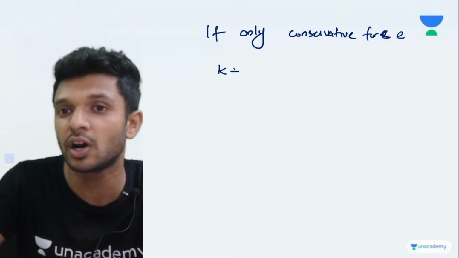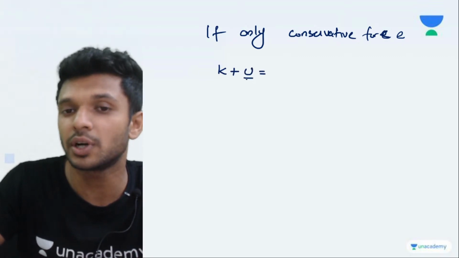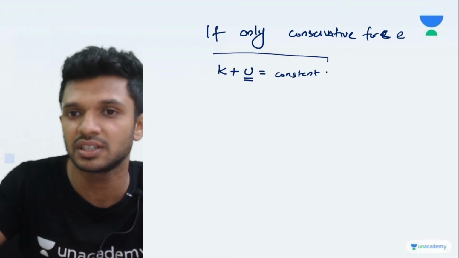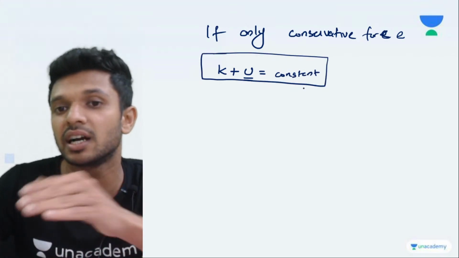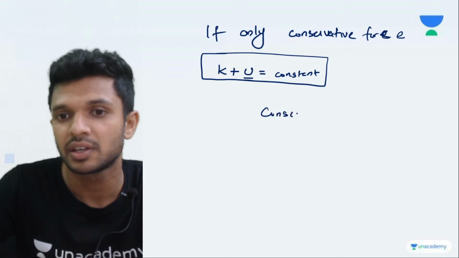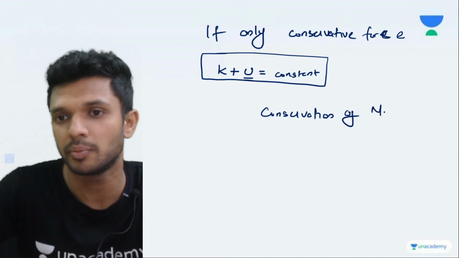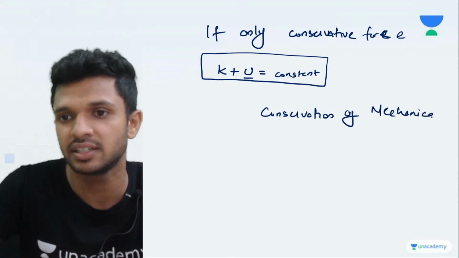The summation of kinetic plus potential energy will be a constant. This is what is called conservation of mechanical energy.